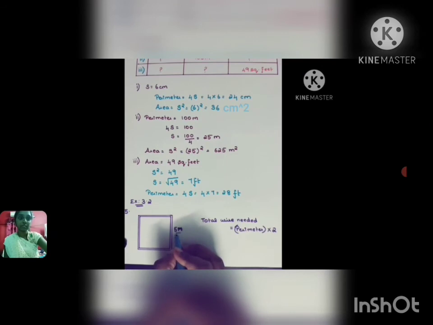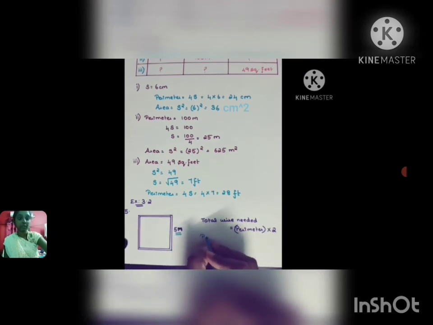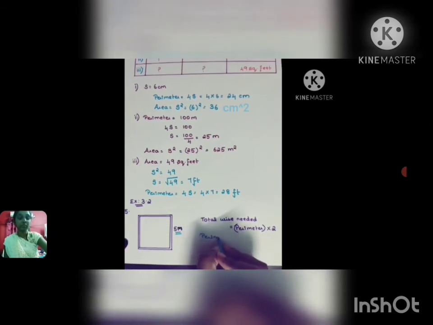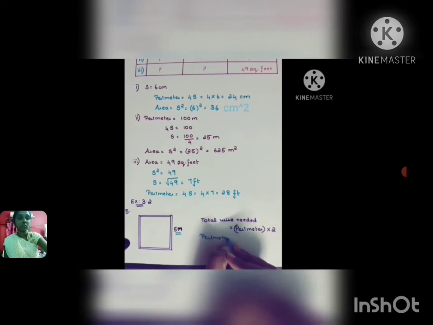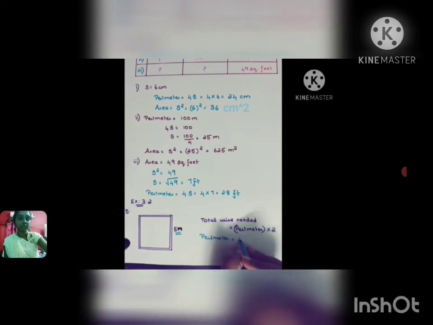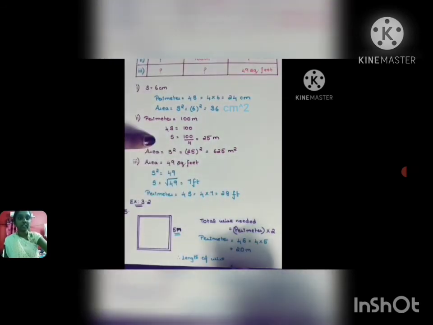Now, let us find the perimeter of the given square garden. The side of the square garden is given as 5 meter. Hence, perimeter of the garden is 4 into side, that is 4 into 5, which is equal to 20 meter. From the data, we have seen that the total wire needed is twice the perimeter.